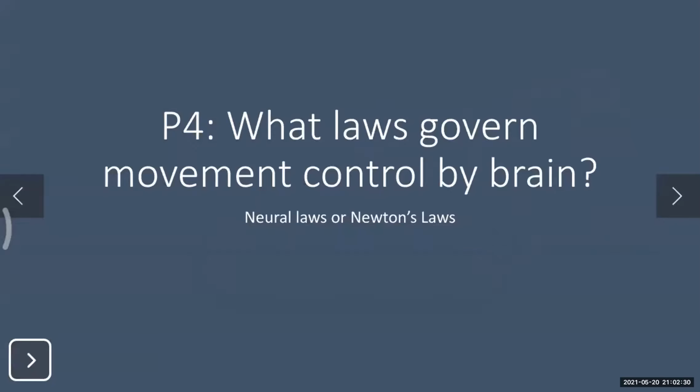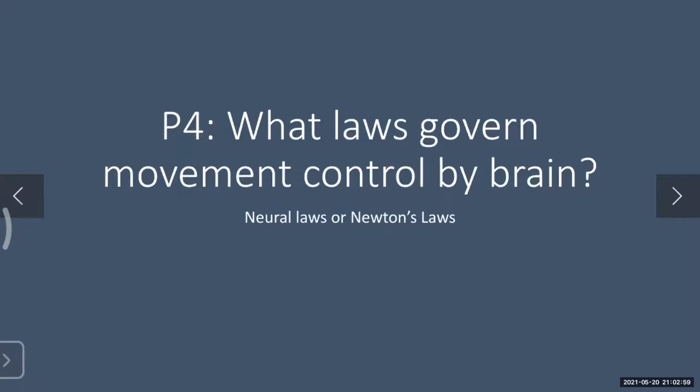Now, when we are trying to move, we have many objects in our environment. If you push a particular object, it will move a certain distance and then stop. That's how it goes.